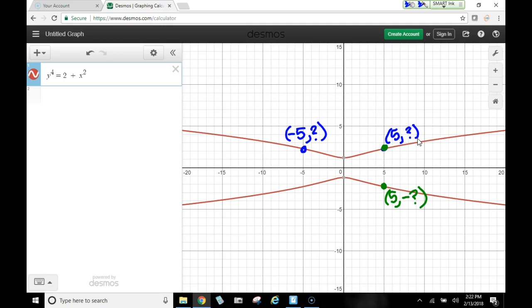Now to see if this graph is going to be symmetric about the origin, if the graph goes through 5 question mark here, then it also needs to go through -5, negative question mark, right down here. So -5, negative, whatever that number is, there. Okay? So that's kind of how we can also verify, given a graph, if we have symmetry about the origin. And we will see that on these next examples.